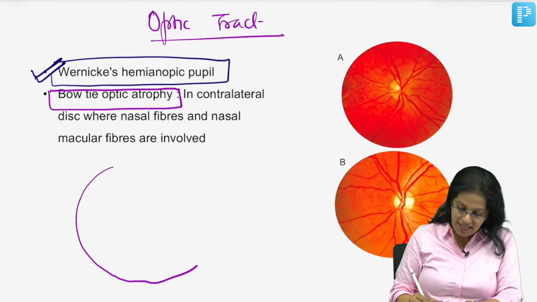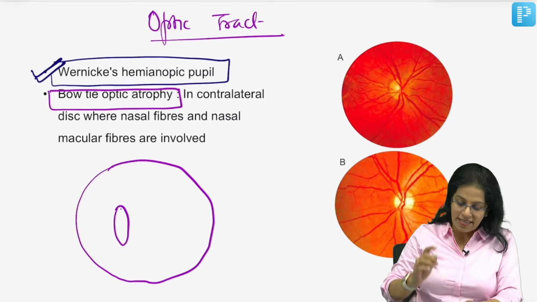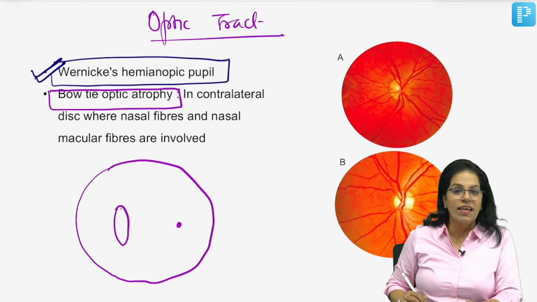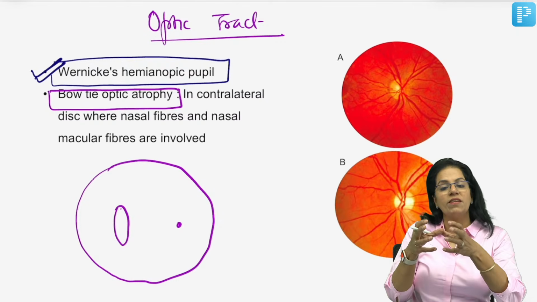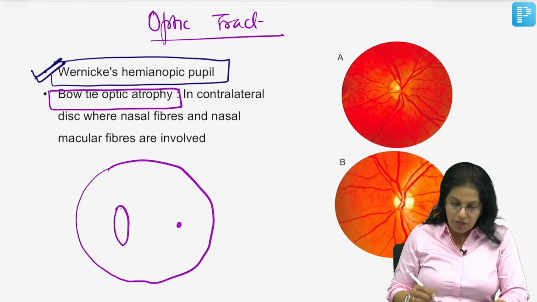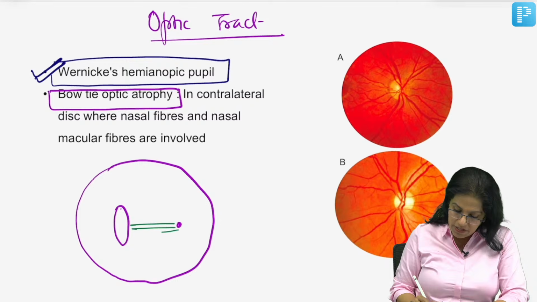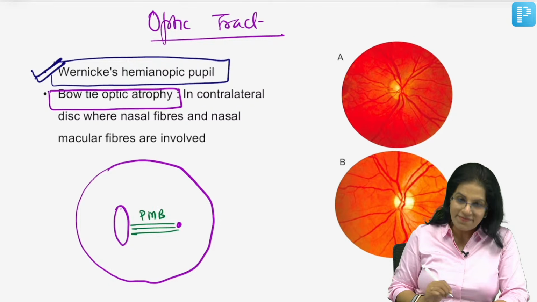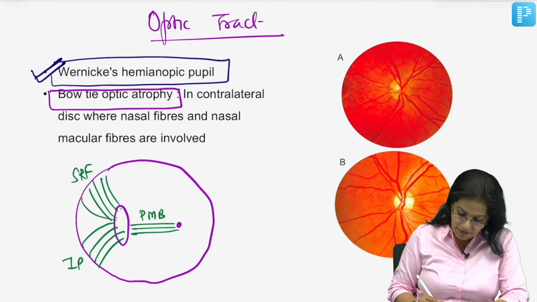If you remember a little bit of anatomy, we generally learn this in the glaucoma chapter. If this is the whole retina, this is the disc and this is the macula. All the fibers from the retina come to the optic disc, become the optic nerve and then exit from the eye into the orbit and further. The fibers from the macula travel straight, this is the papillomacular bundle. Fibers from the nasal part are these, called superior radiating fibers and inferior radiating fibers.